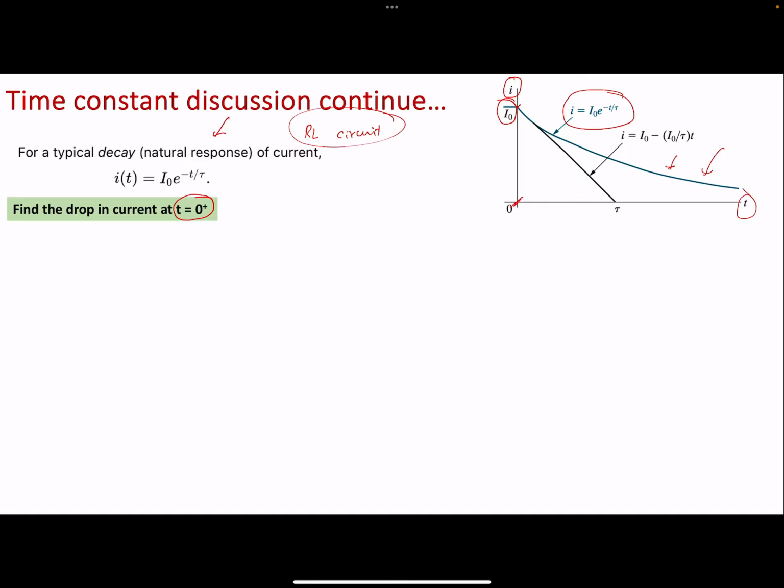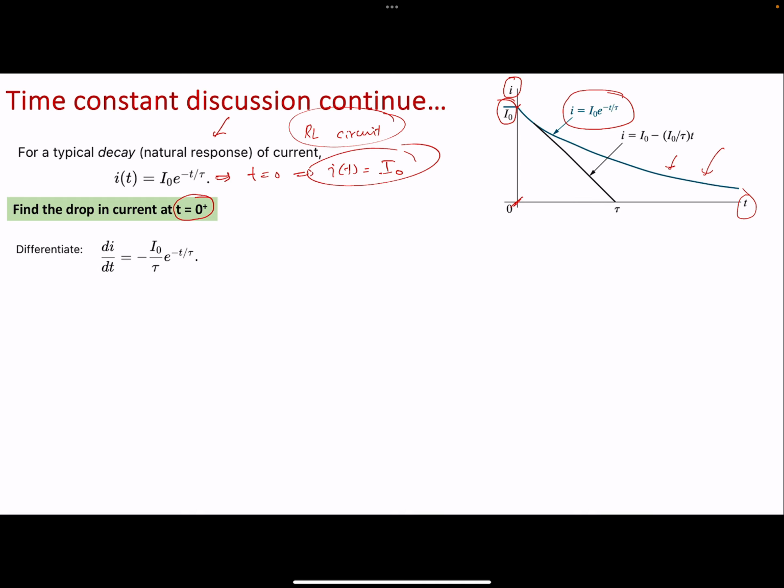The value of the current at 0 was I naught, because if you put t equals 0 over here, I of t becomes I naught. Anyhow, at t equals 0 positive, the current is going to start to decay, and we are interested in what that amount of decay is. So let's see how we can find it out.